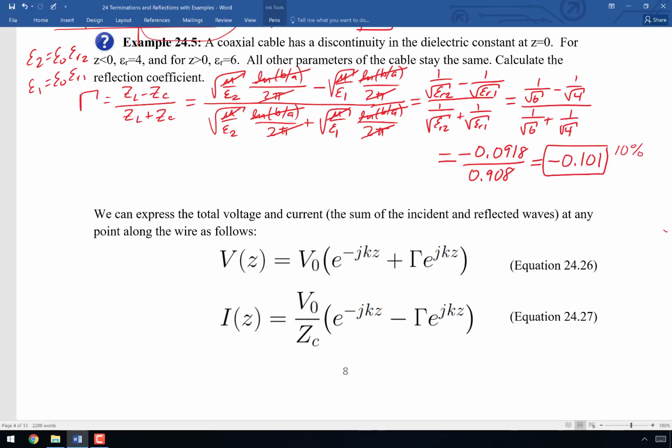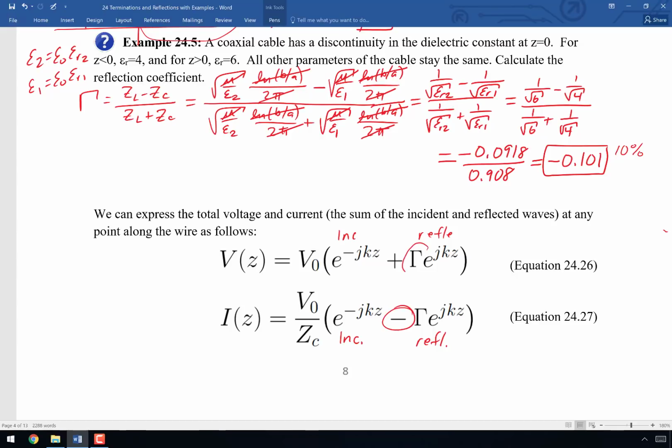Remember that before we had different constants here. But if this is the incident wave, and this is the reflected wave, and down here this is the incident wave, and this is the reflected wave, what we're going to find then is that we can write equations for the total voltage and the total current at any point along the line. Don't forget this negative sign here. That negative sign is important.